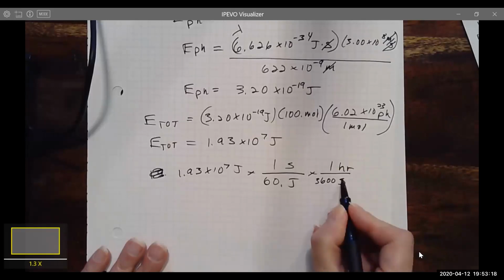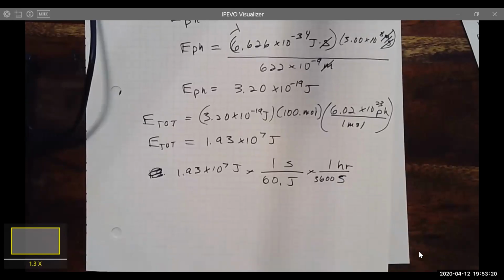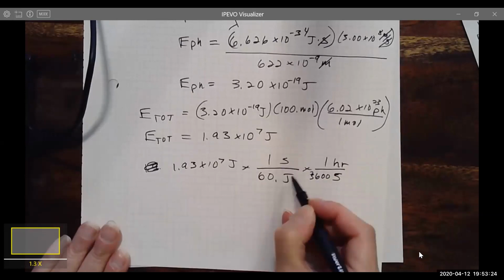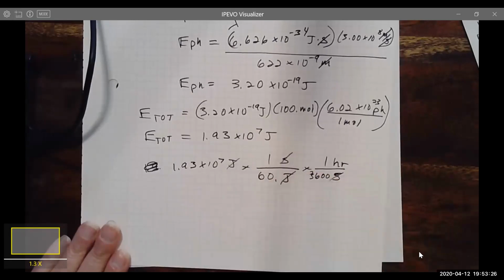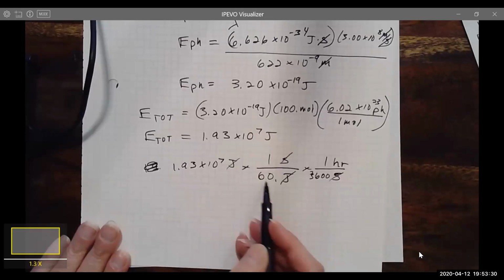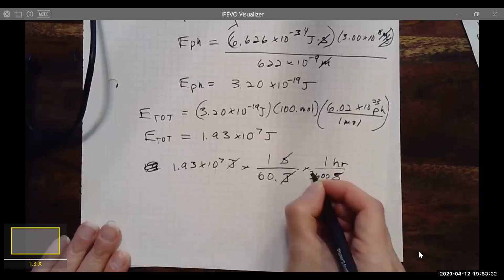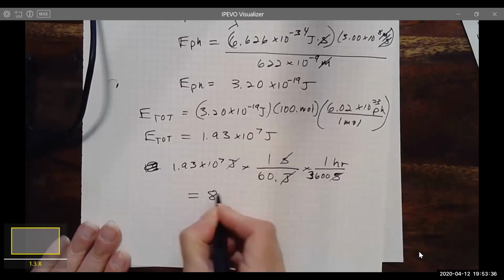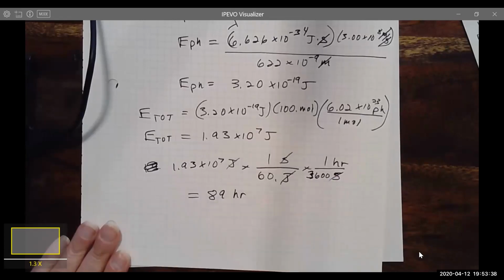That's 60 times 60. Or you could do it in 2 steps, minutes and then to hours. If I do that, the joules cancel, the seconds cancel, and I get hours. So 1.93 times 10 to the 7th divided by 60 and then divided by 3,600 will give me 89 hours is how long that would take for that to happen.